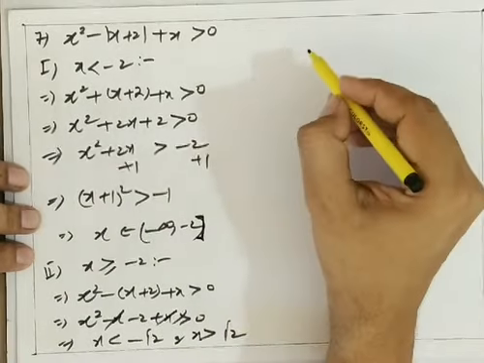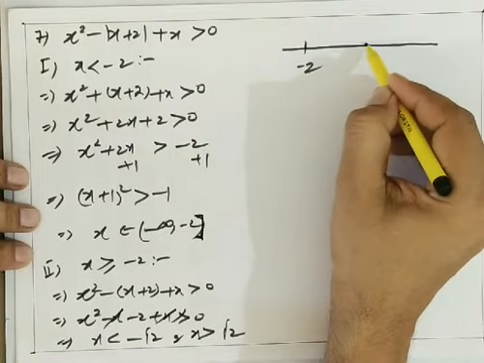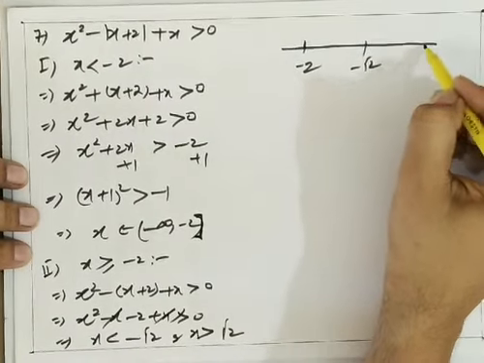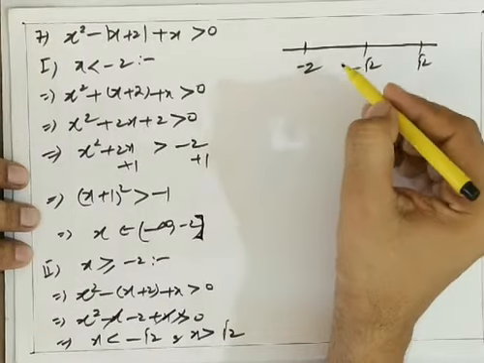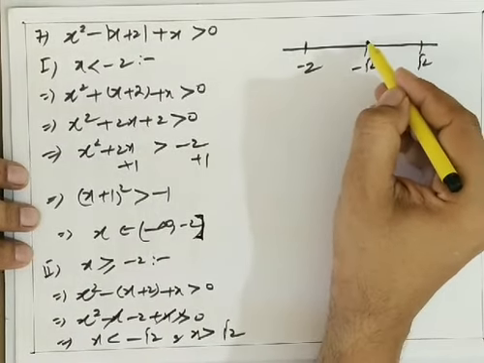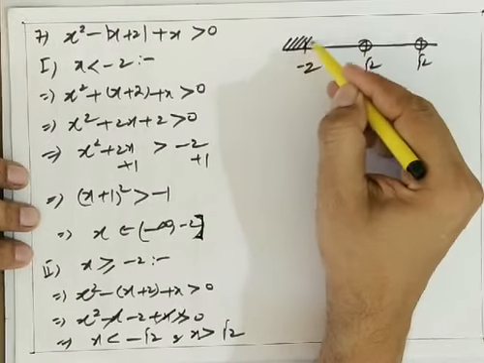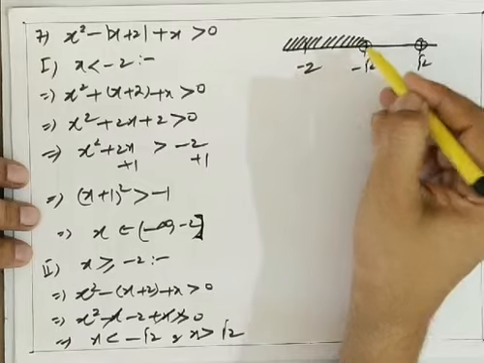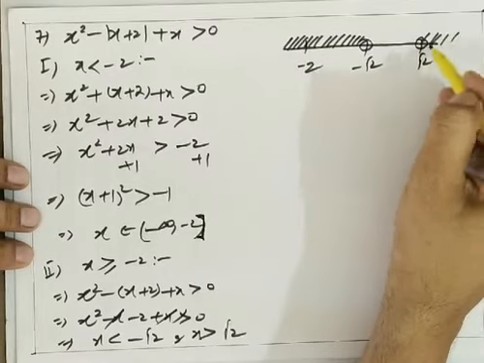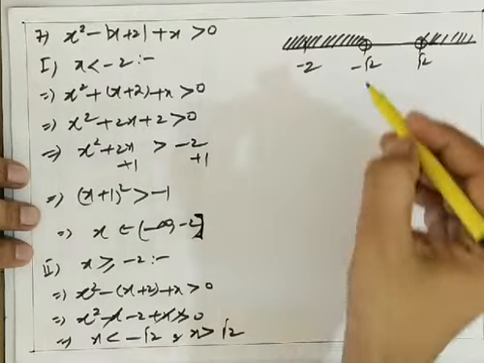Now if I plot a number line, this is -2, this is -root 2, and this is root 2. So by this interval, x less than -root 2, this is open, this is open. Let me show it by forward lines, and this also, and this is saying should be greater than or equal to -2.